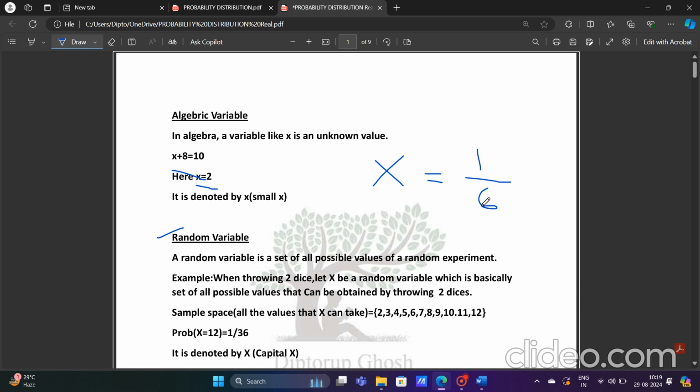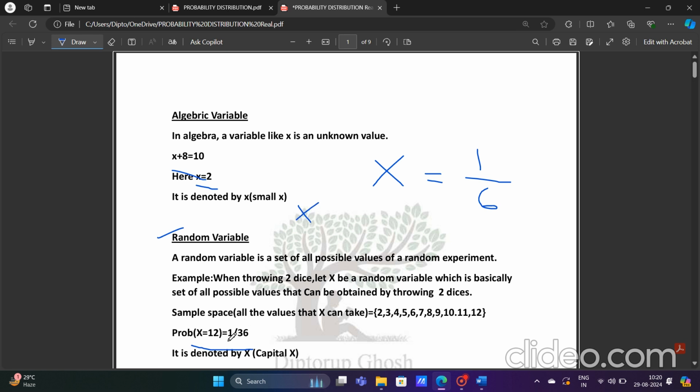What will be the probability that x will be 12? That means both of the dice are giving us 6. If we draw the sample space, there will be a total of 36 outcomes, and out of those 36 outcomes there is only a single case in which we get 6 on both dice. So the probability of x equals 12 is 1 by 36.